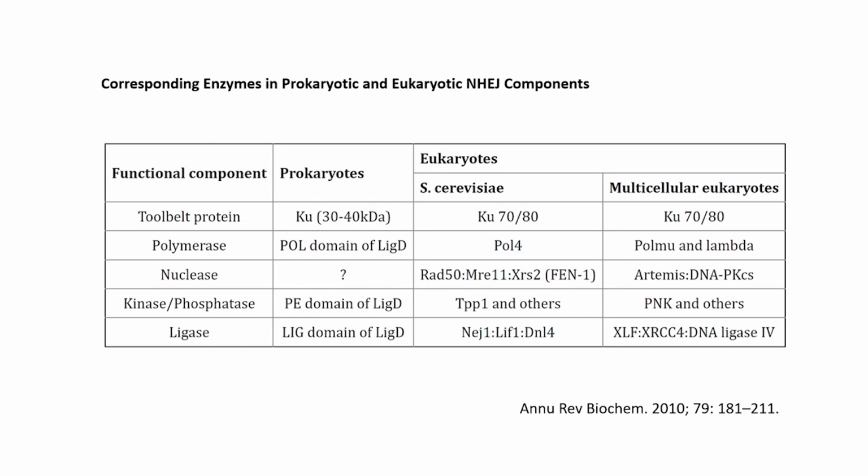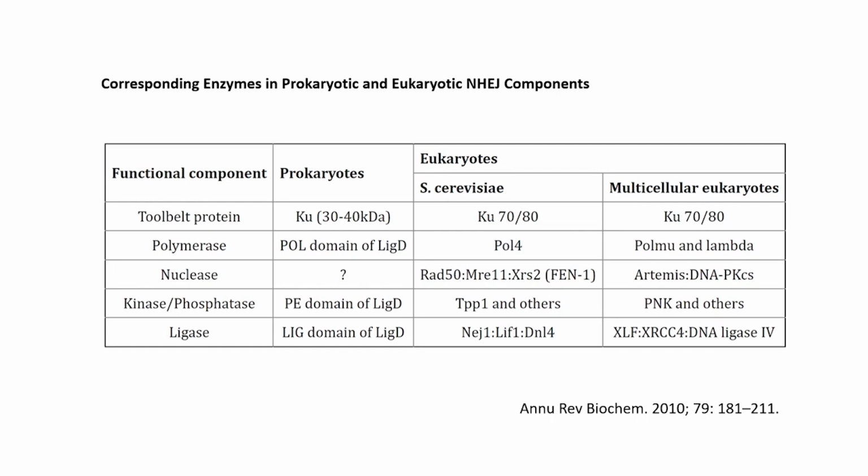So, here you have the prokaryotes, and for the two-pill protein you have the Ku protein which is around 32 to 40 kilodalton, and in eukaryotes you have the Ku70/80 in Saccharomyces cerevisiae, while in multicellular eukaryotes also you have the similar kind of molecule.